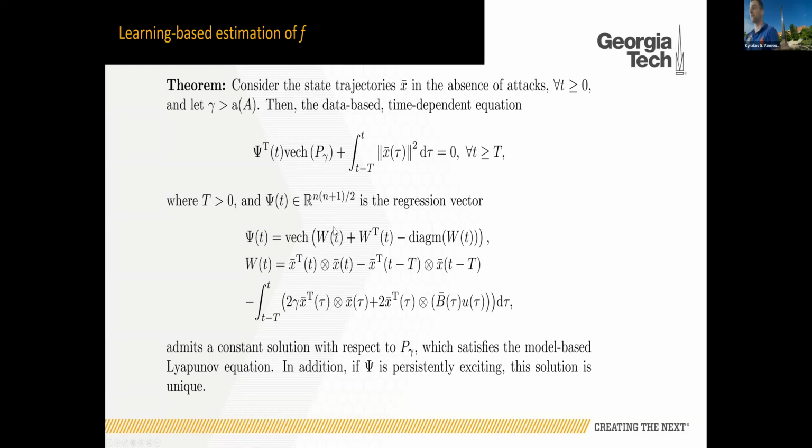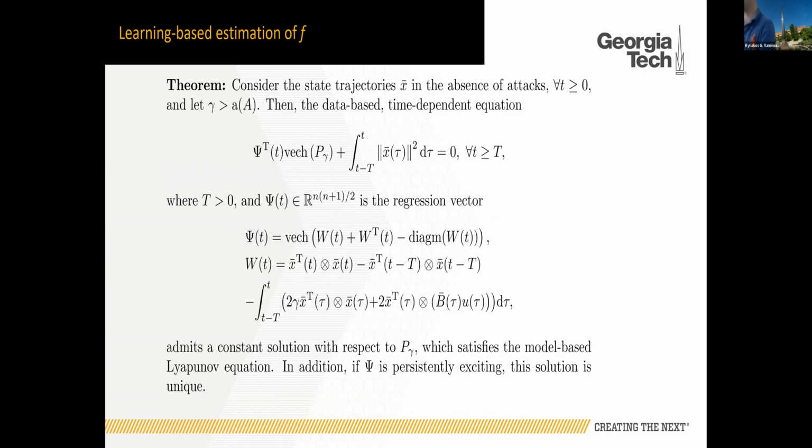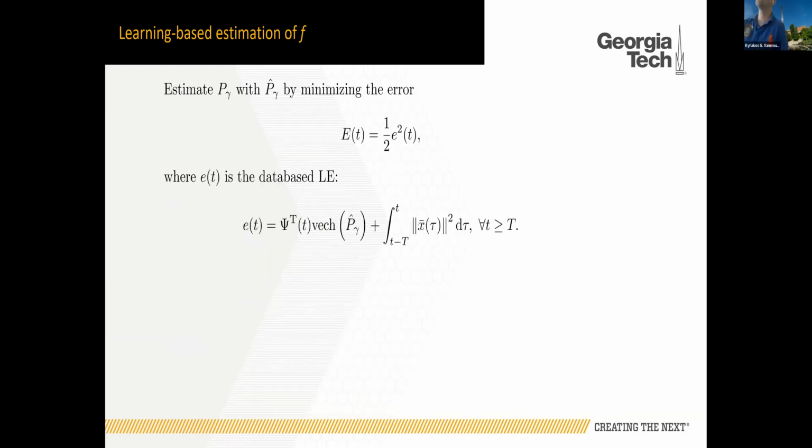Now let's see how I can actually update these weights. Of course, I want to learn my weights, and in order to update them, I have to define an error. You can think that I vectorize all the weights of P gamma, and since I don't know the optimal ones, I have P gamma hat.